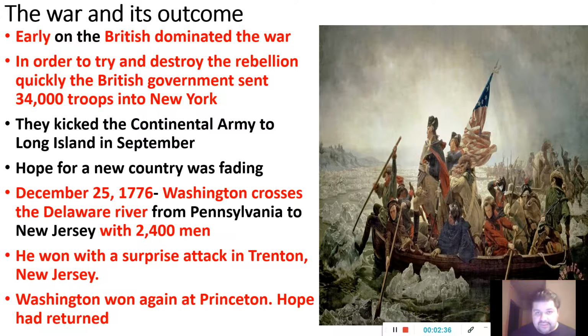Now, they know this. So, to try to squash the rebellion quickly, the British government sends 34,000 troops into New York. Nowadays that doesn't sound like much, but back then that was quite a bit of people.